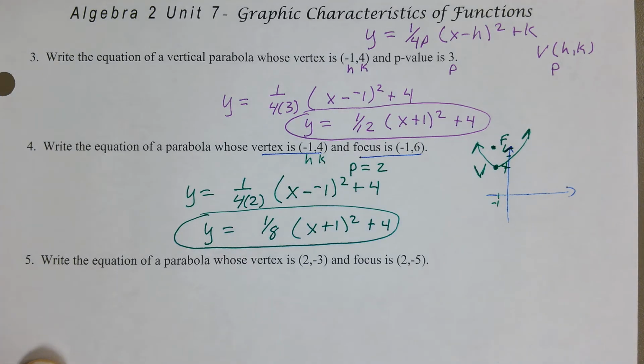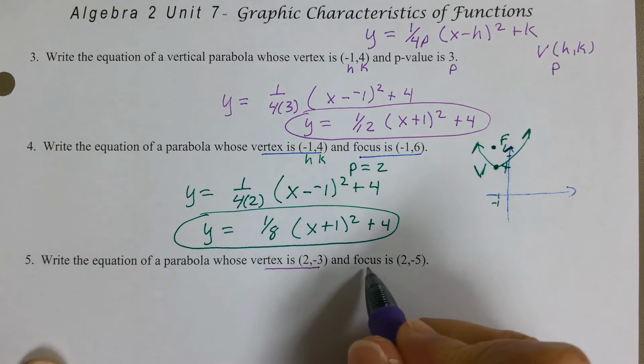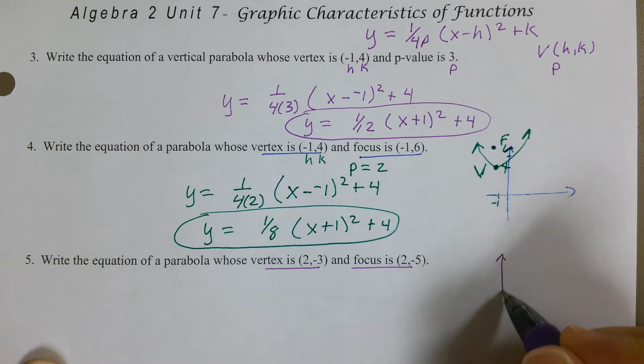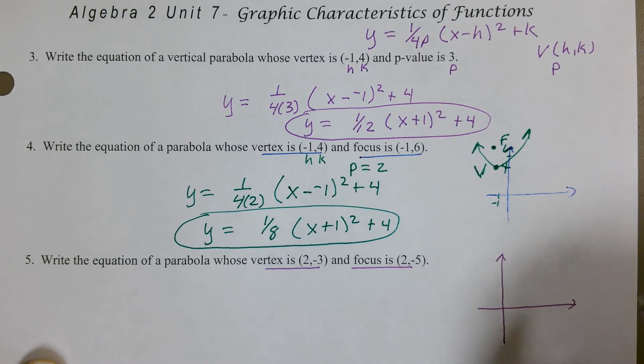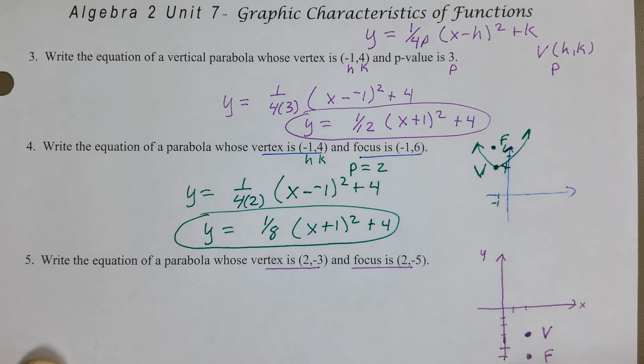Write the equation of a parabola whose vertex is 2, -3 and focus is 2, -5. Plot the vertex 2, -3. Focus 2, -5. Distance between the vertex and focus is 2 units, that is our p-value.